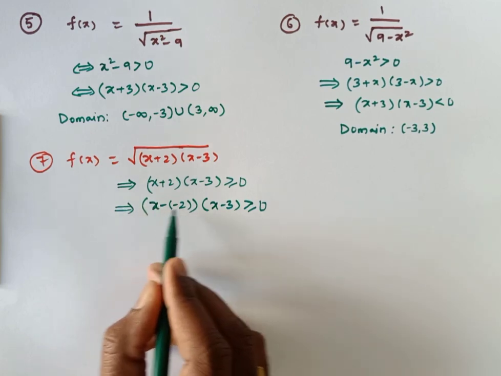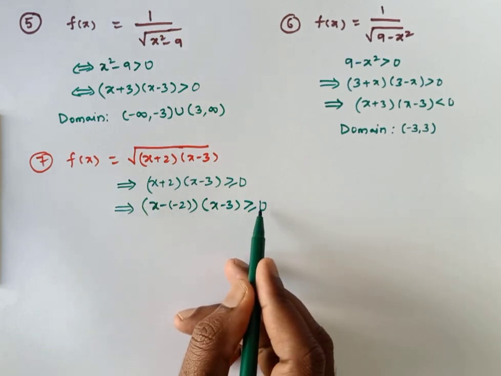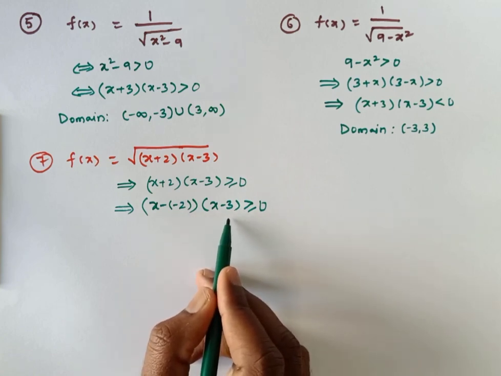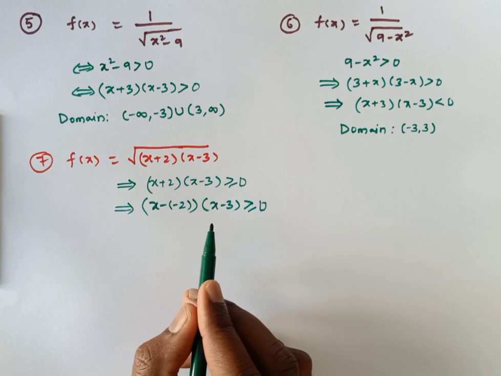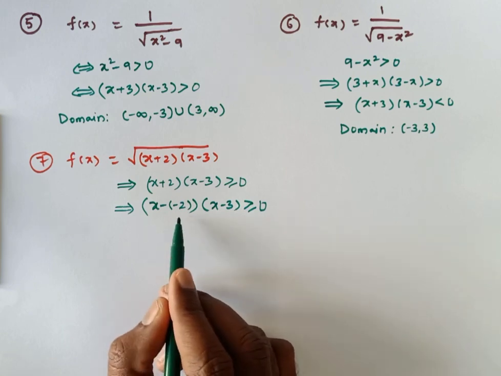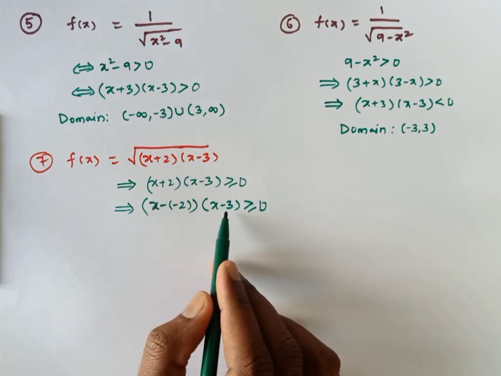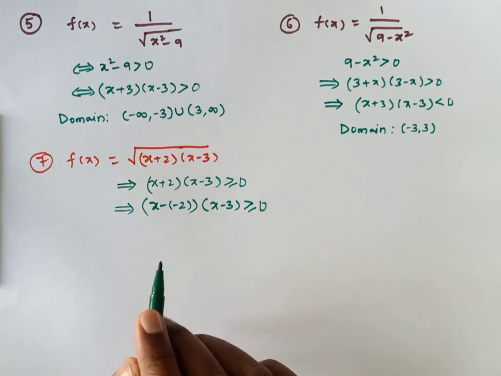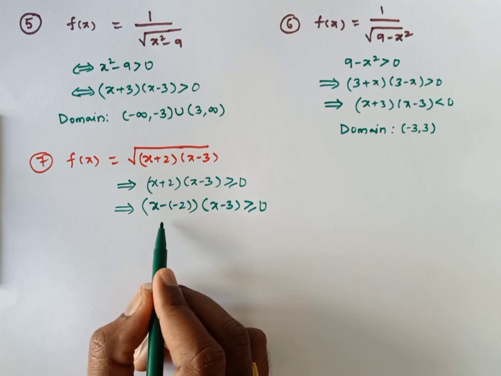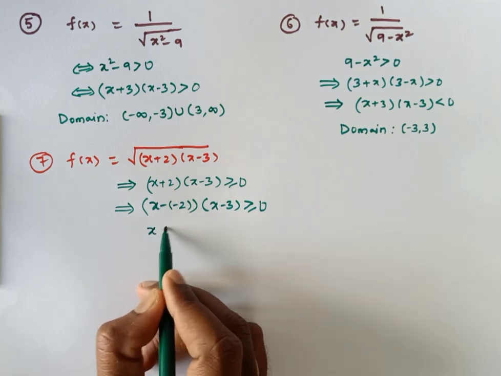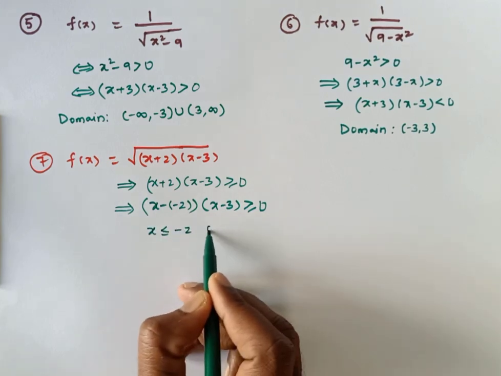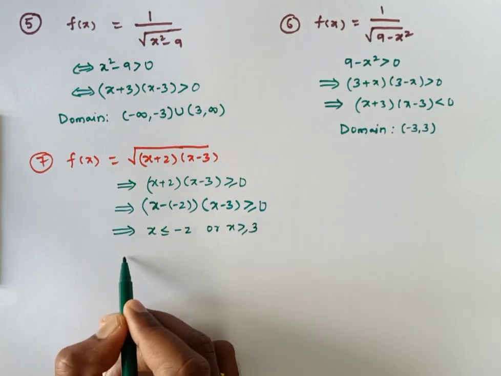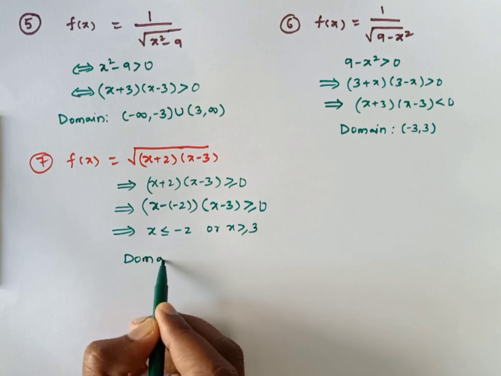Now it is in the form of x minus alpha into x minus beta is greater than or equal to 0. Here alpha is minus 2, beta is 3. When choosing alpha and beta, don't get confused. Alpha should always be less than beta. Okay, for example, if you write x minus of minus 2, then alpha will be minus 2 and beta will be 3. So here this is x is less than or equal to minus 2 or x is greater than or equal to 3 form.